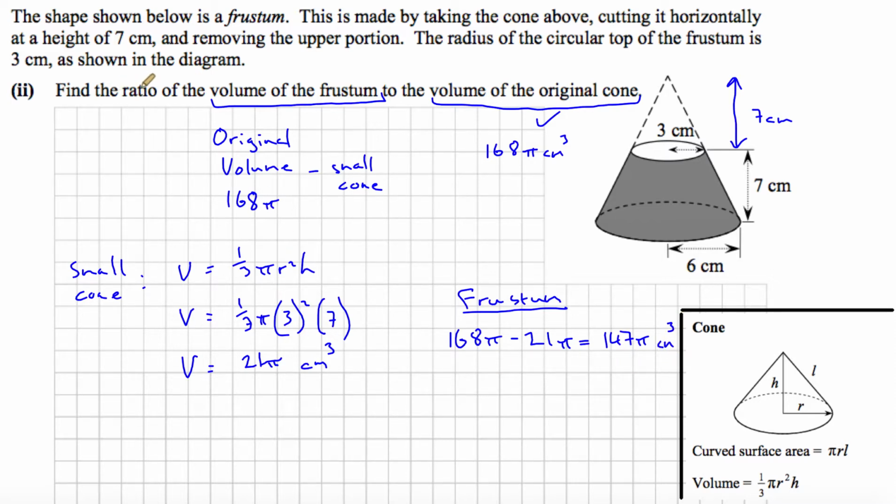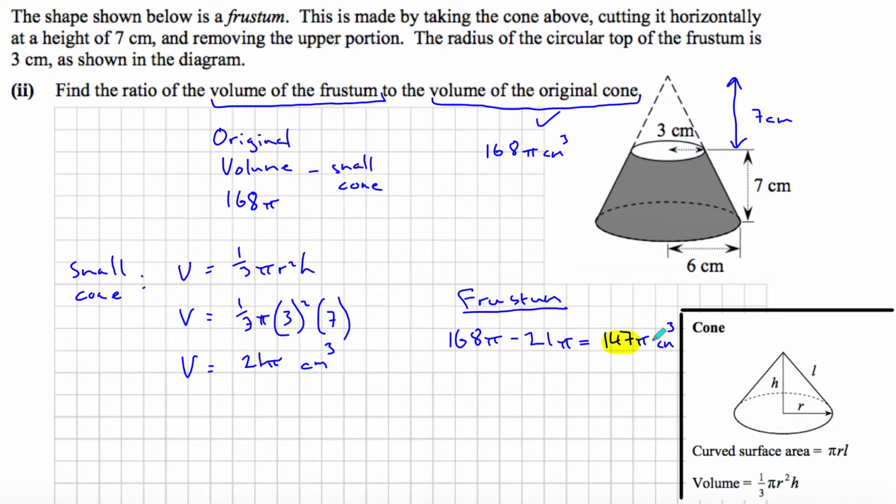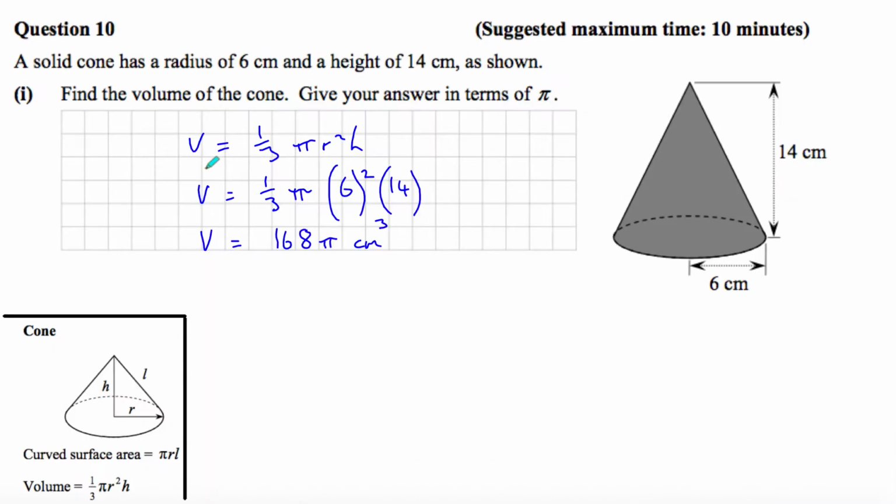So they want the ratio of the volume of the frustum, which we have. And again, I'll just be clear here, there's the frustum and the original cone, which was back here.